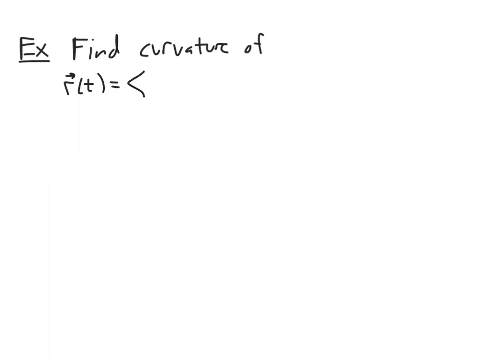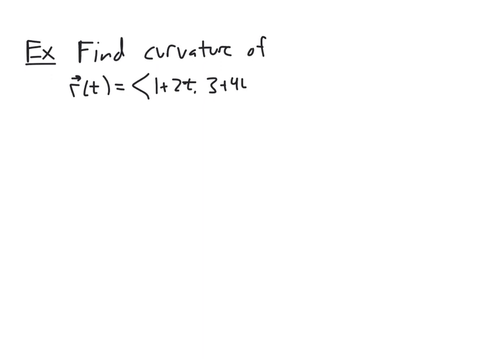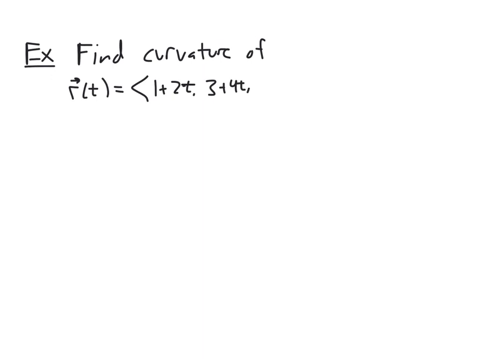So let's take a look at an example. Let's say we wanted to find the curvature of the curve given by the vector function r of t equals 1 plus 2t, 3 plus 4t, and 5 plus 6t.